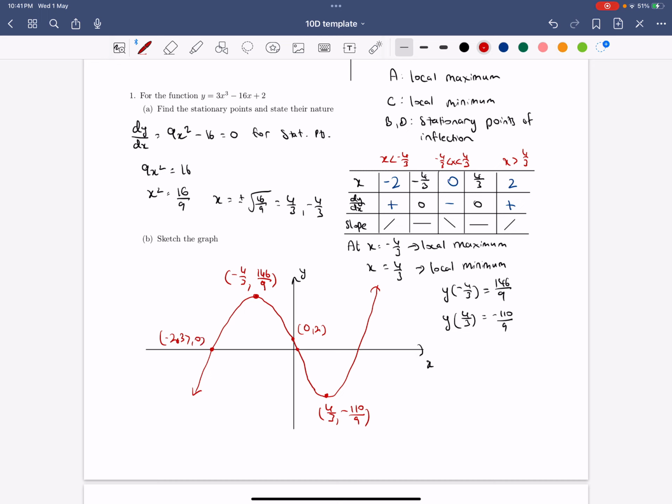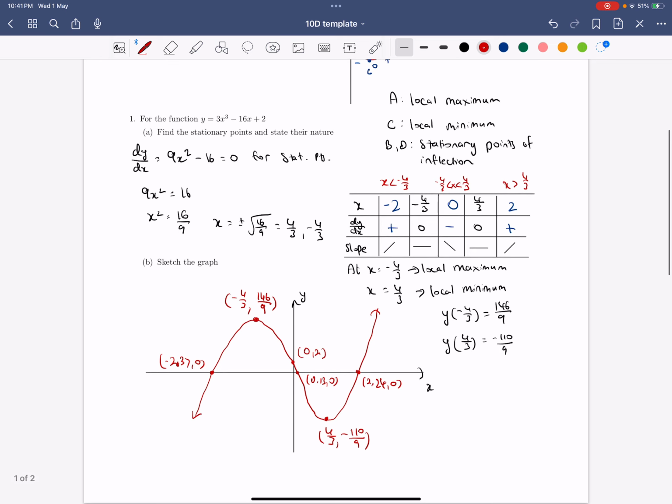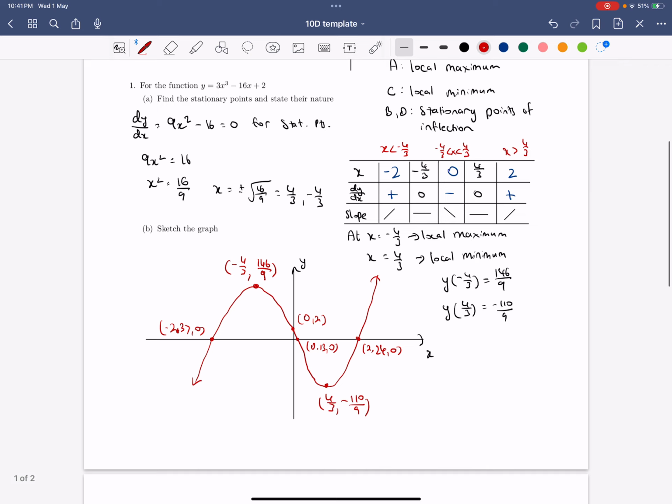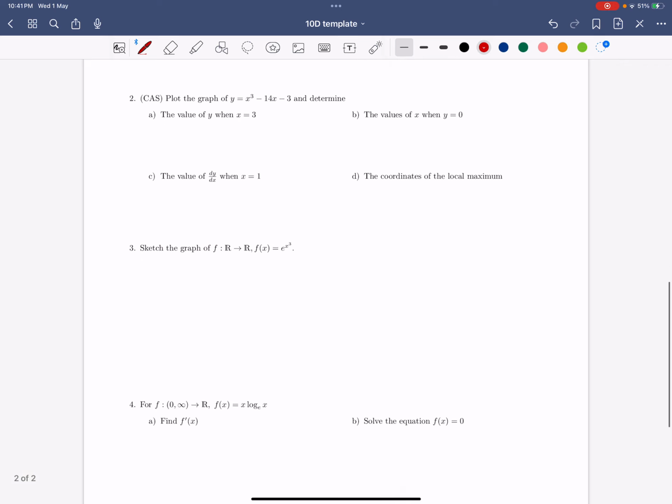This one over here is 0.130. And this one over here is 2.240. Okay? So this is an example of a question where I did need a CAS to get all that information, but I can assure you that not every question is going to be like that, okay?